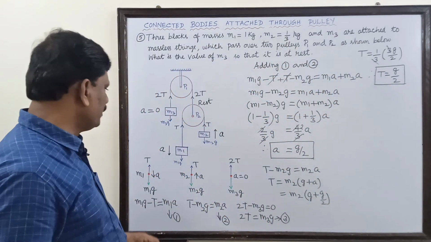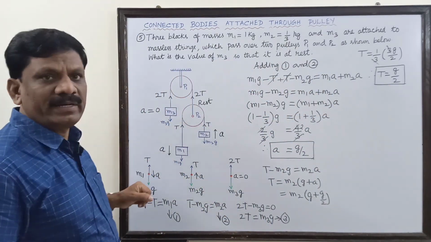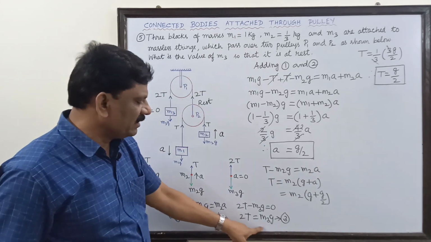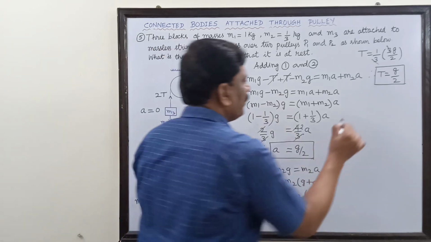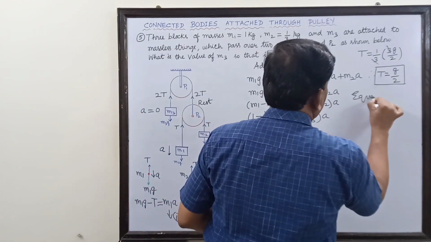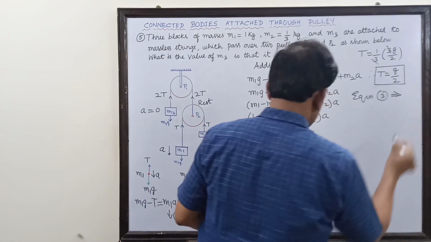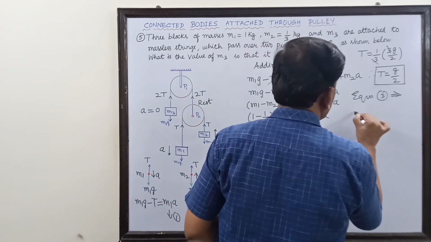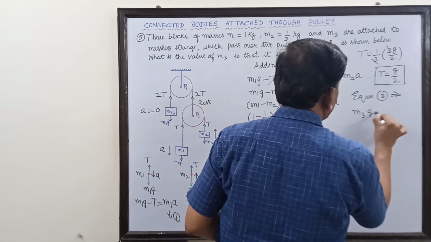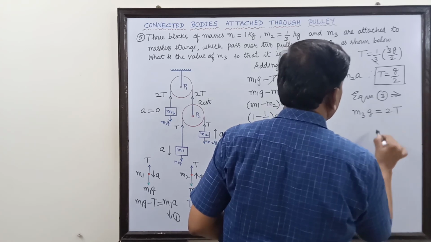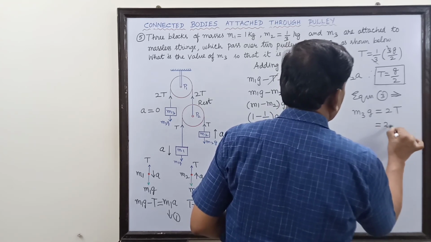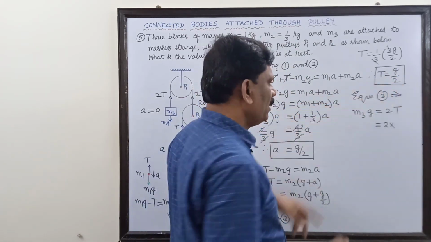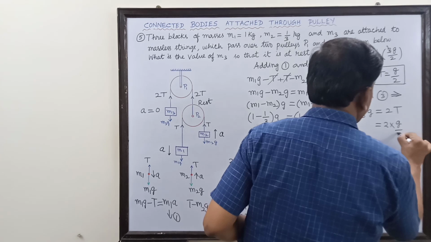Now we have to find the value of m3 only. For that let us take the third equation. From equation 3, m3 into g is equal to 2T. So this is equal to 2 multiplied by the tension T, which is g by 2.